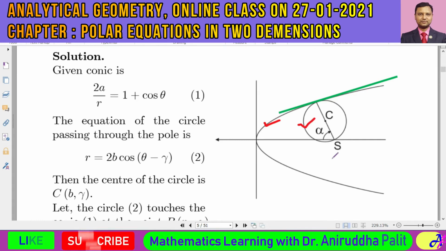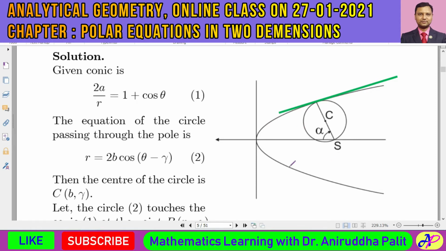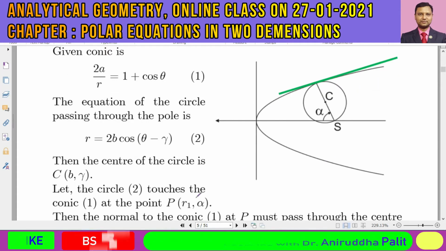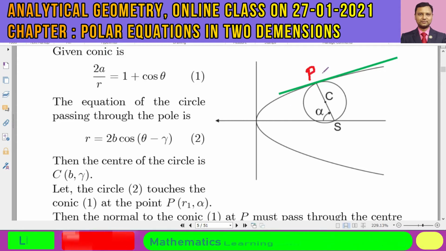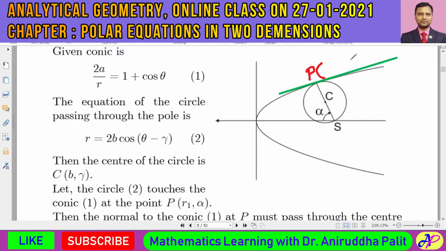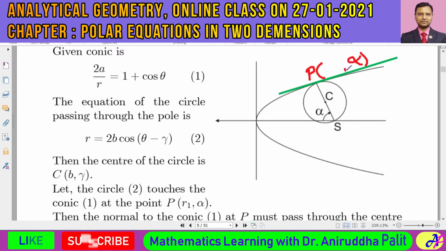So this tangent line would be common to the parabola and the circle. And at what point it is tangent, as per the question, we consider this point as P. Its vectorial angle is equal to alpha. And we don't know what is the radius vector of the point P.